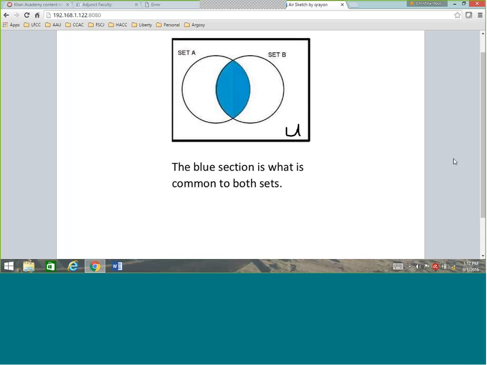When you have two baskets overlapping, where maybe there's an object that's in set A and set B, that would go in the blue region. This region over here would be just for elements that are in set A but not in set B. And this region over here would be for anything that's in set B but not in set A.